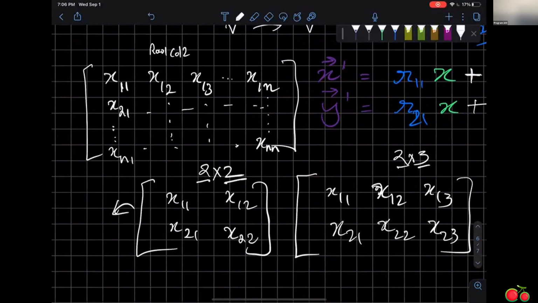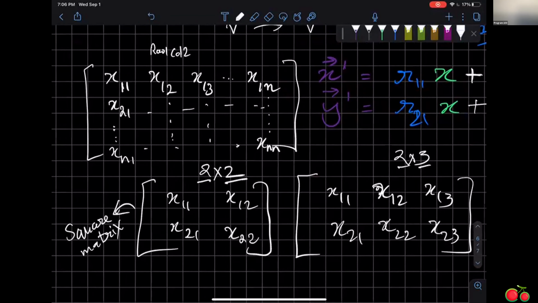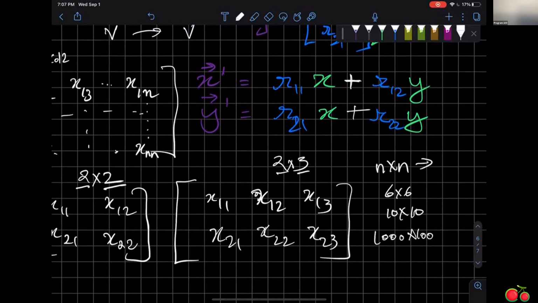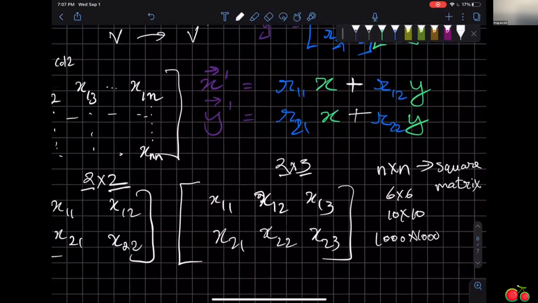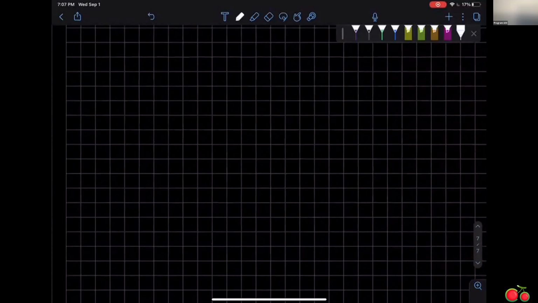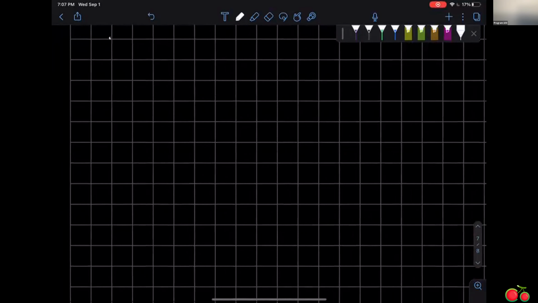So this is very simply called a square matrix. Anytime you have an n cross n matrix, it can be 6x6, 10x10, or 1000x1000, it's called a square matrix, because the number of columns is equal to the number of rows, right? So that becomes important. There's a whole bunch of matrix operations that are worth going over.